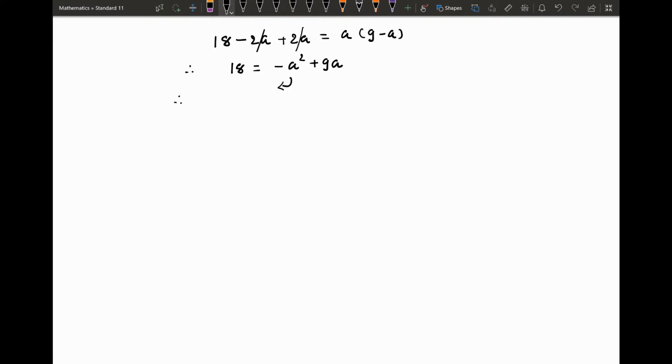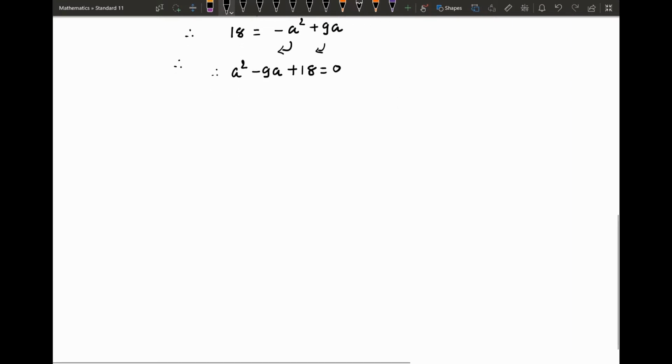Again transfer these terms. So a square minus 9a plus 18 equal to 0. This can be factorized easily. a square minus 6a minus 3a plus 18 equal to 0.